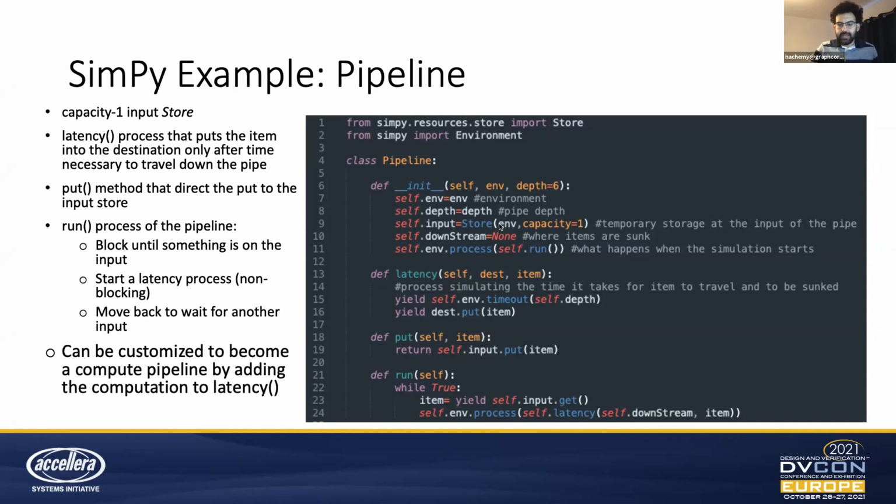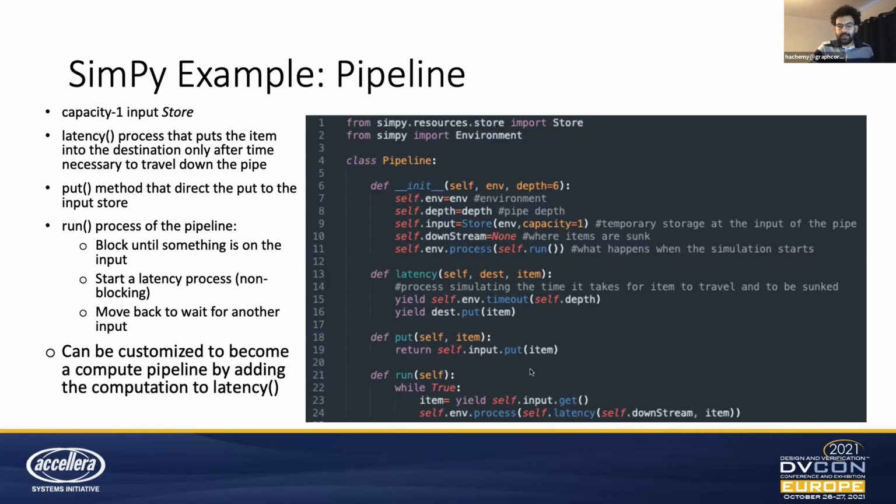Then the run method basically does the actual processing, which is to get an item from the store and run a latency process. Now, the latency process here will wait for the time to traverse the pipeline before putting the item in the downstream, simulating basically what a pipeline does.